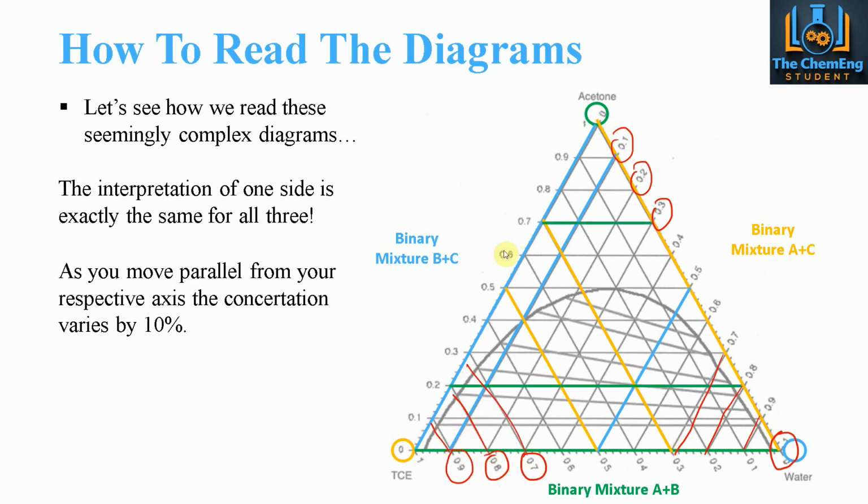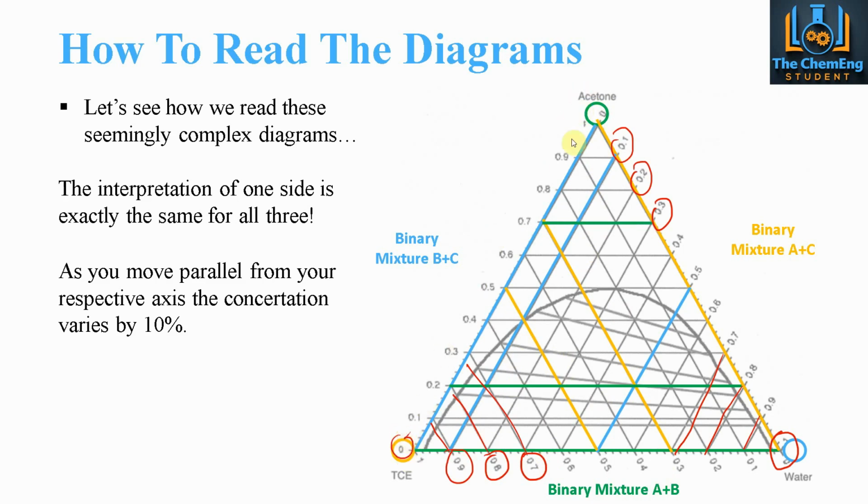And then lastly, the same thing with the binary mixture of A and B. So the acetone here is at a concentration of pure acetone, so 100%. But as we move away from acetone, we can see that it gets less and less, up until the point where the concentration is 0.